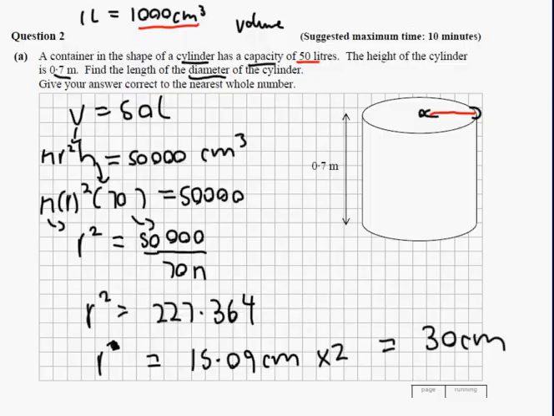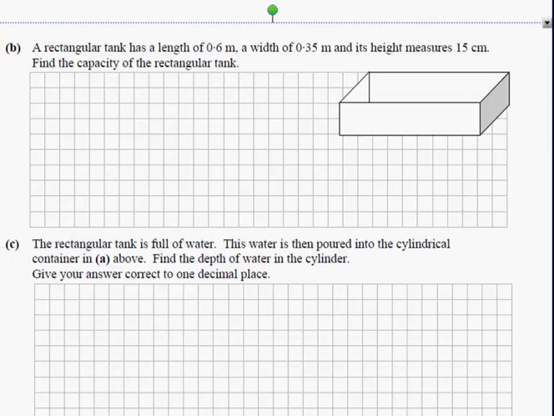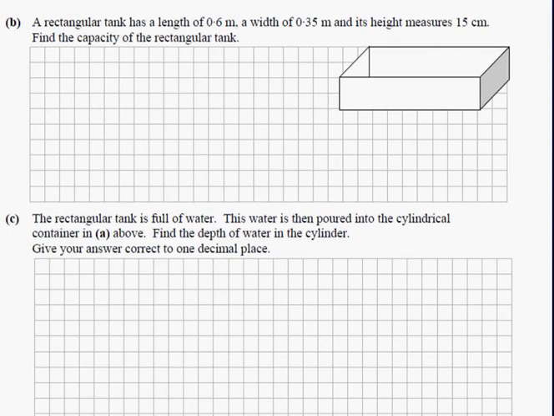Now, a rectangular tank of length 0.6, width 0.35, and height. I'm going to change the height into metres. How do you change centimetres into metres? Divide by 100. 0.15. How do you find the capacity or the volume of the tank? Multiply length by width by height.